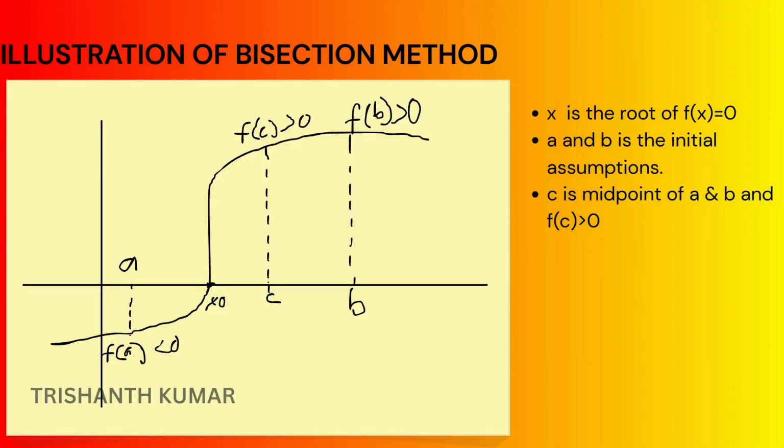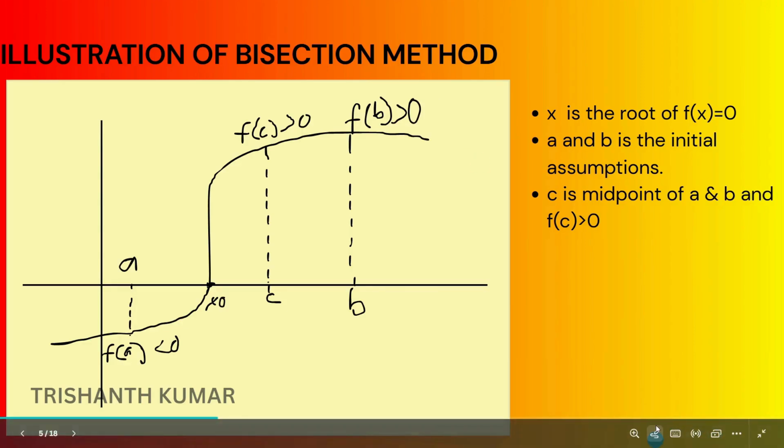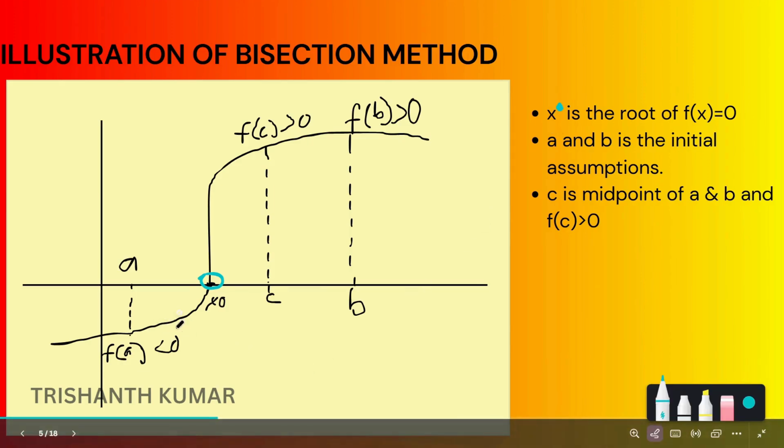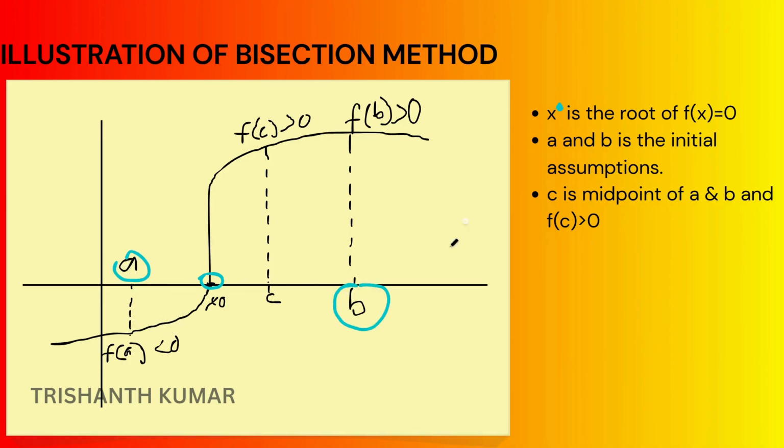So this is the illustration of the bisection method. Here x0 is a root of f(x) equal to 0. a and b are the initial assumption. c is the midpoint of a and b.